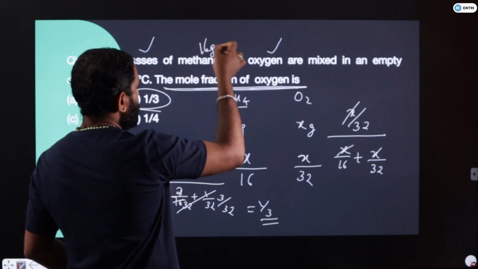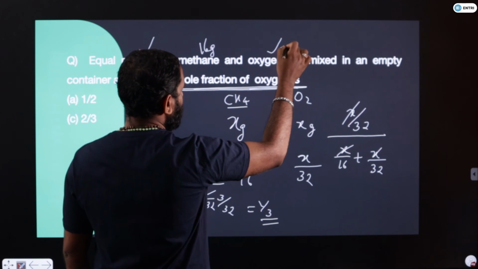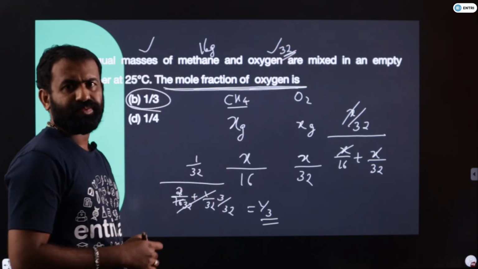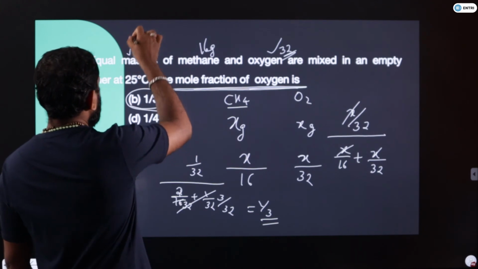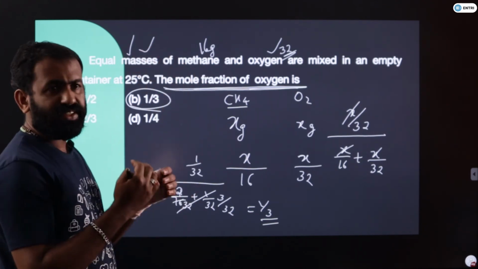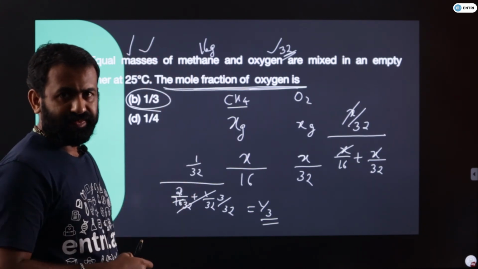In another way, the molecular mass of methane is 16 and the molecular mass of oxygen is 32. Equal masses of methane and oxygen is the given hint in the question.